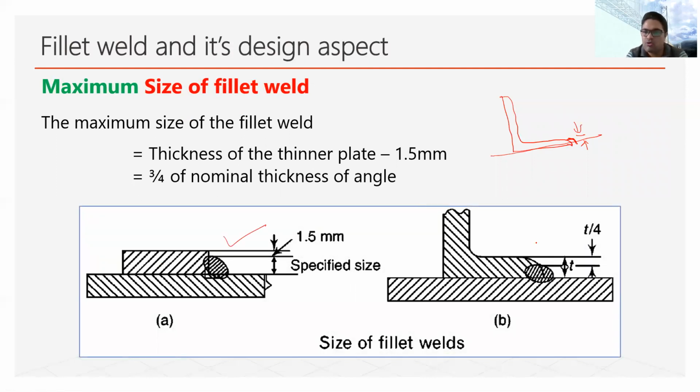Now it is clear how we get it. This value is the maximum possible size of weld in case of an angle, and here it is shown to be 3/4 of the thickness of the angle. So, for example, if the thickness of the angle is 10 mm, then this will be 7.5 mm. So the maximum possible size of weld in case of this angle will be 7.5 mm.